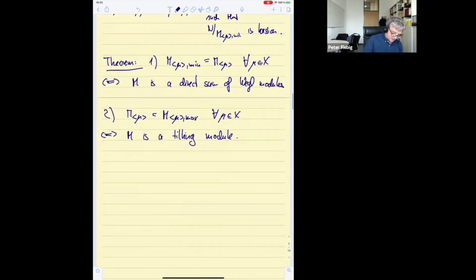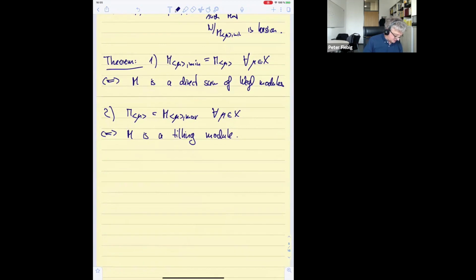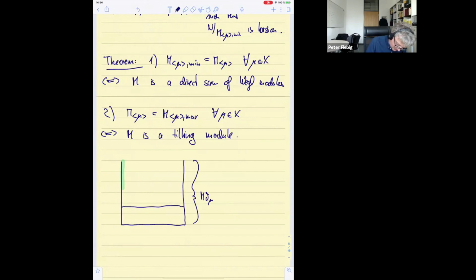And let me just draw a little picture, a kind of naive, silly picture, which should explain. It's really a little silly, but it might help to understand what is coming. Let's say this is M_{Δ,μ}, and then you have p somewhere here.